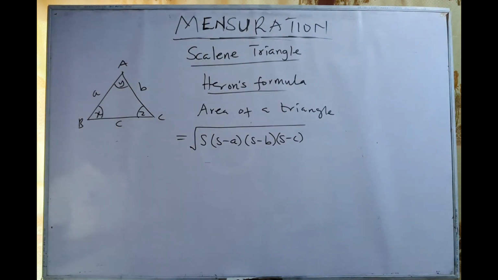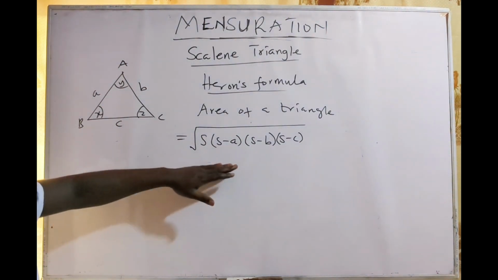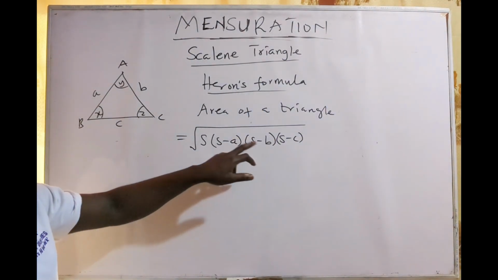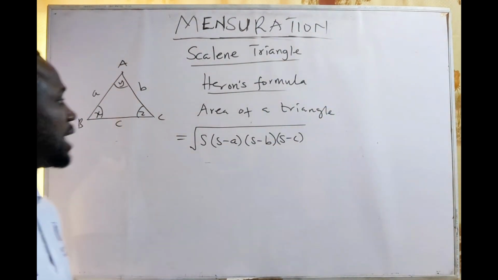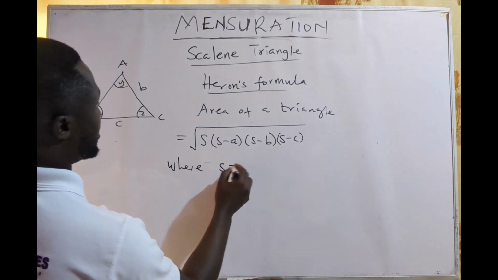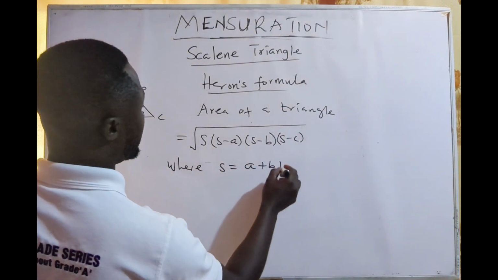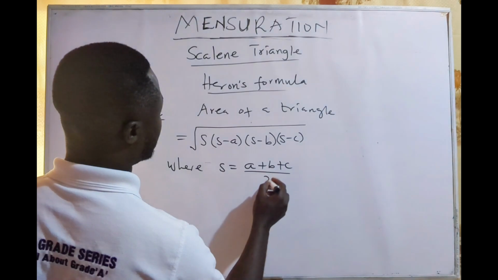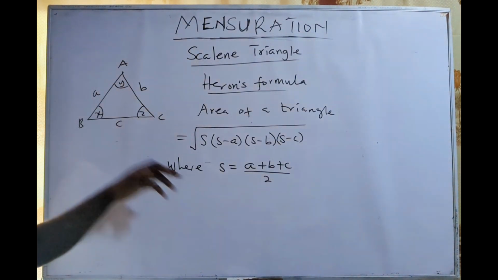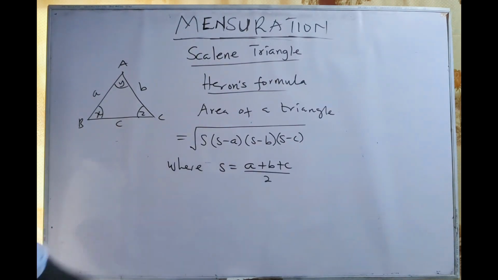So this is Heron's formula for the area of a triangle. And what is s? The s is equal to a plus b plus c, all divided by 2. So the perimeter, when you divide by 2, that will give the s.